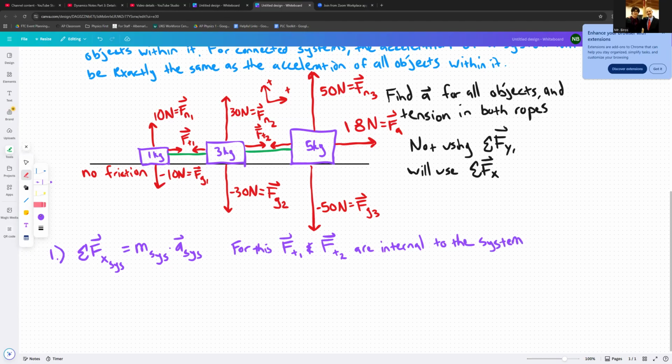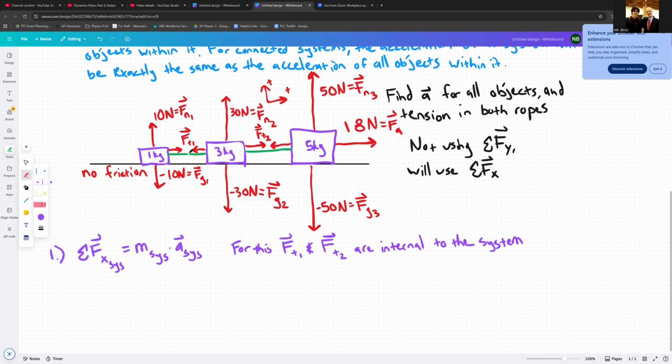So let's explain that. When we treat the entire three objects as one combined single object, or we look at the system as a whole, the rope connecting each object is part of the system. So everything in the image, everything in purple and green, is part of the system, meaning the forces in the ropes or strings pulling on the objects within the system are internal forces.